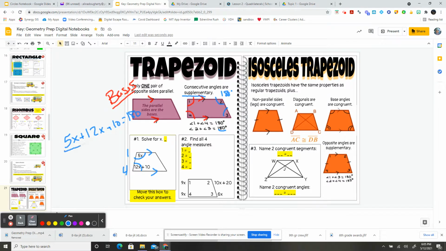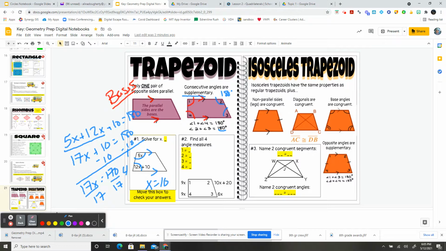We're going to solve that equation by combining like terms. 5x and 12x is 17x plus 10 equals 180. I'm going to subtract 10 from both sides and get 17x equals 170. Divide by 17, and you should get x equals 10.